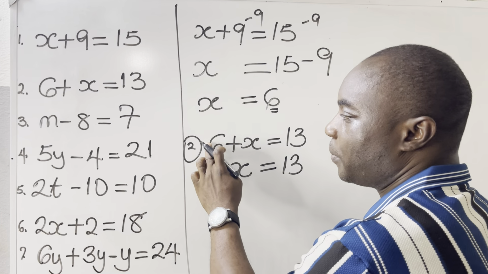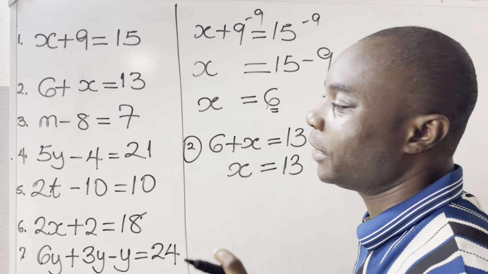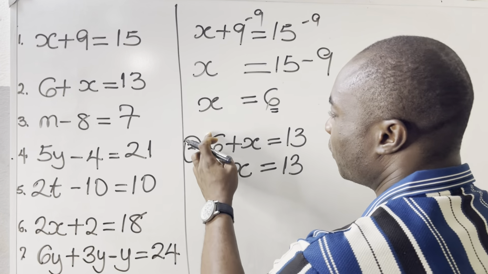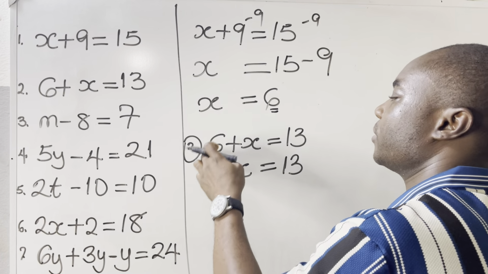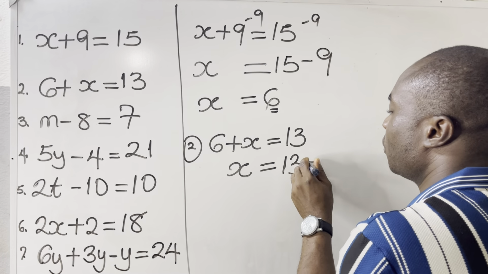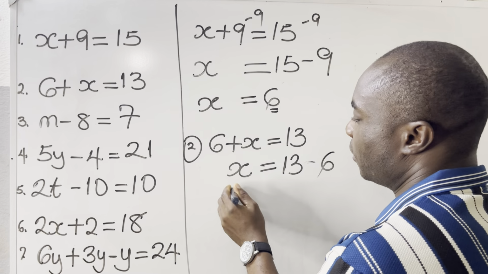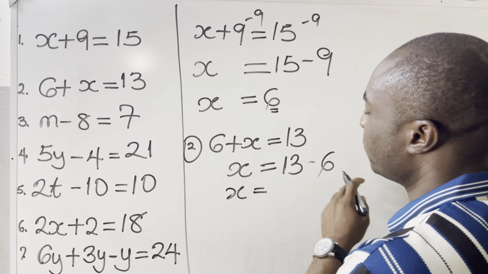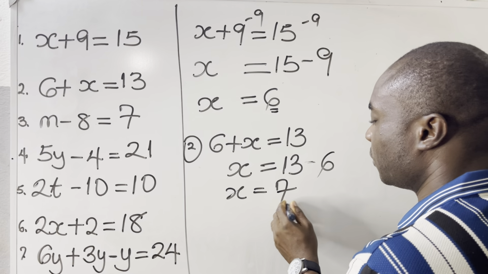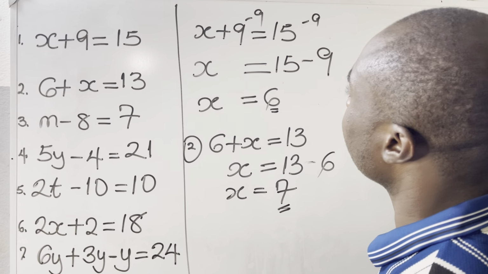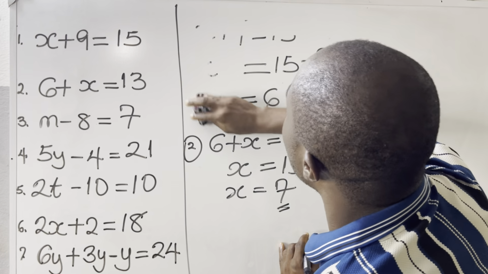The 6 is positive because every number that doesn't have a sign before it has a positive sign. So when 6 is brought to this side of the equation, we have minus 6. So x is equal to 13 minus 6, and 13 minus 6 will give us 7. So the value of x is 7.